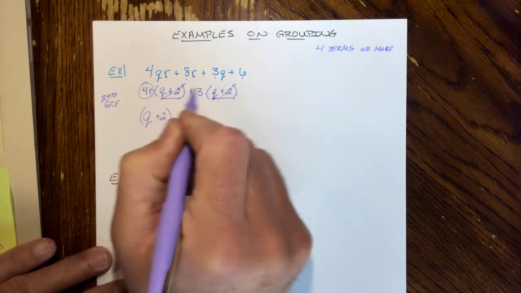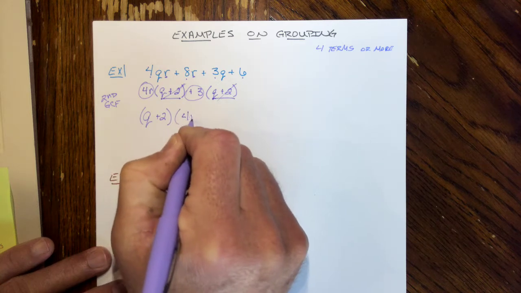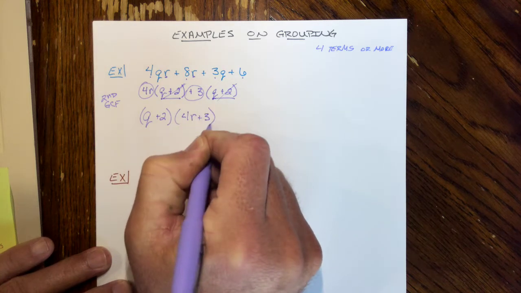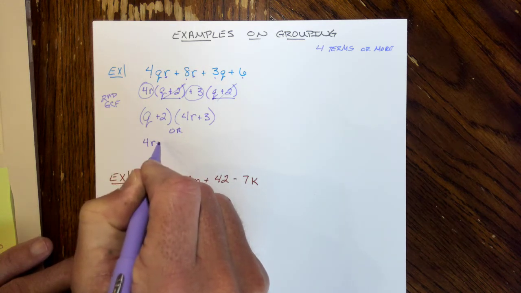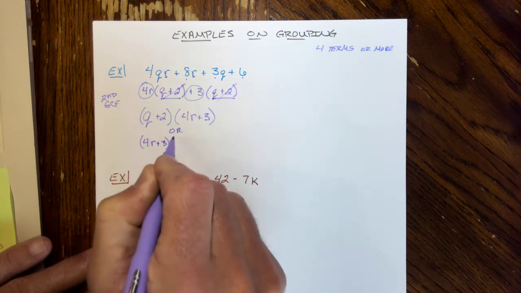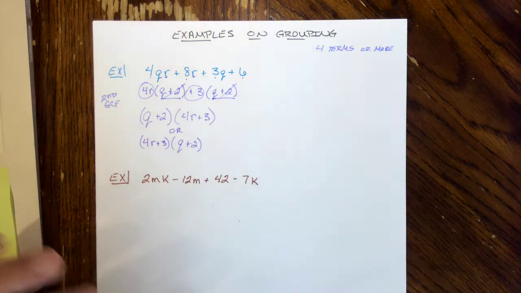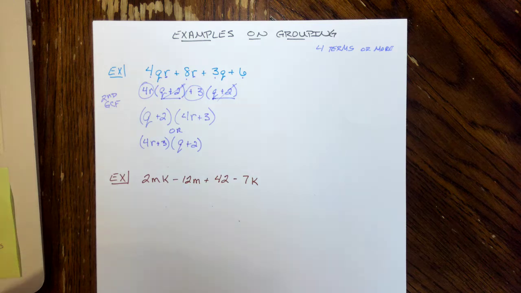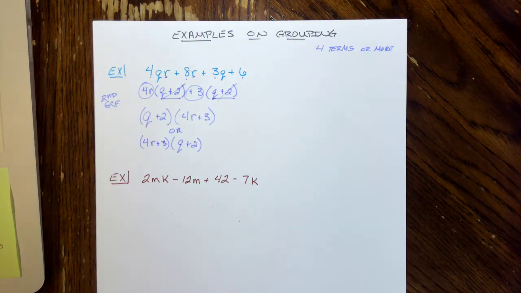What's left? That makes up your second quantity: 4R plus 3. Some people will write it this way, switching the quantities around. Same thing.